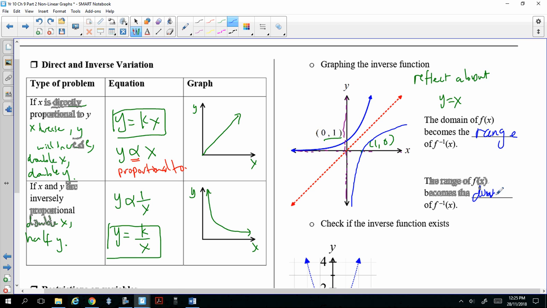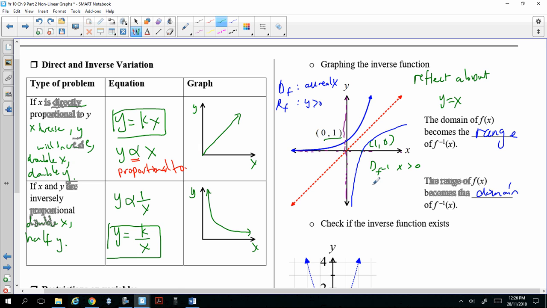We can actually write it down: domain of the function, range of the function. We can see the domain is all real x, and the range is y greater than 0. And for the inverse, the domain of the inverse is x greater than 0, and the range of the inverse will be all real x. So can you see it gets swapped?